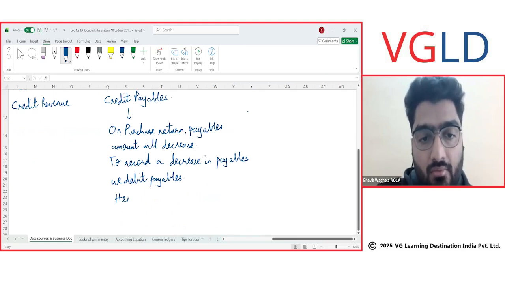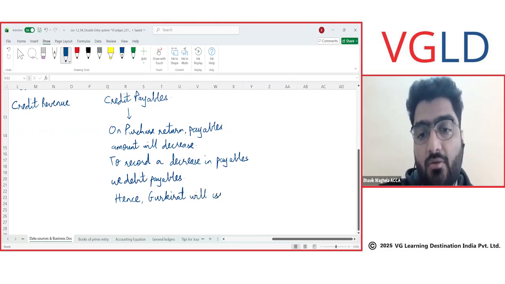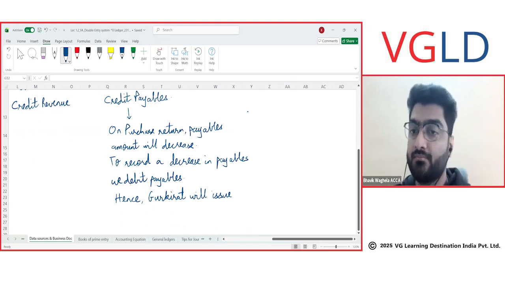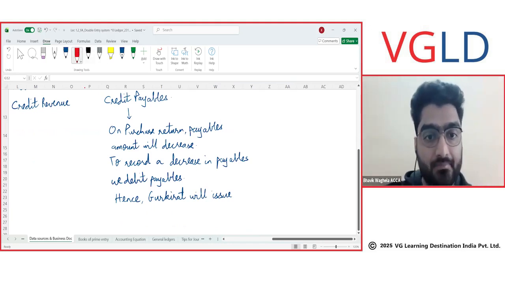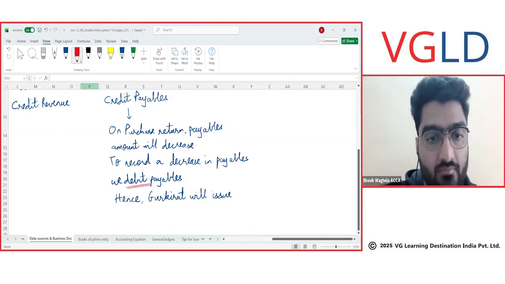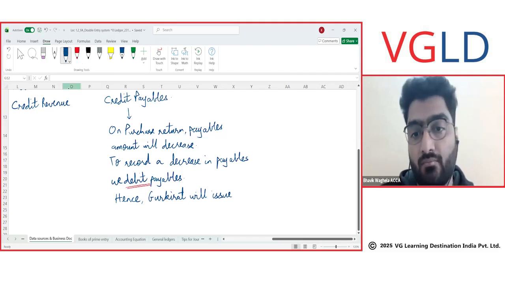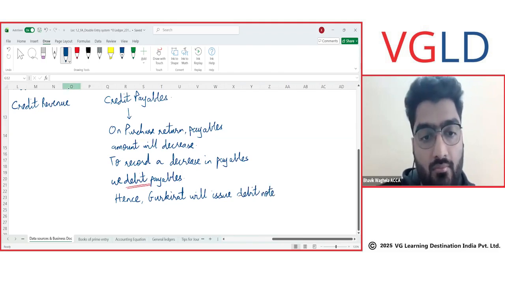Hence, Gurkirat will issue a debit note or a credit note? Debit note, to Bhavik.